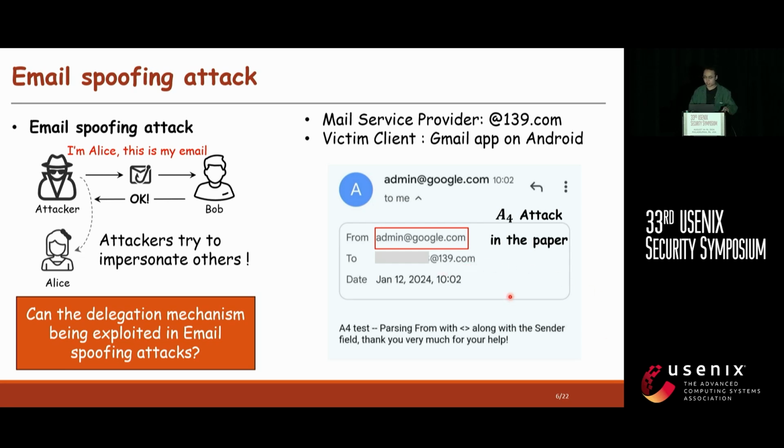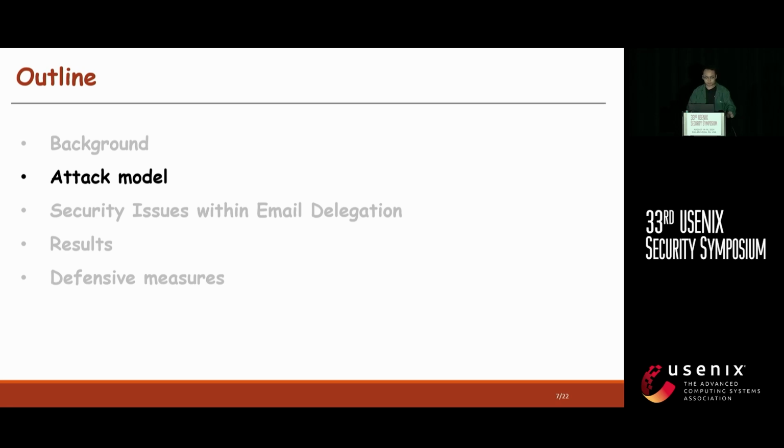When the recipient checks the email on the Gmail client, he will find that this email looks like a totally legitimate email, because there's no extra information that indicates the attack. So, how to launch such attacks? We will dive into some details.